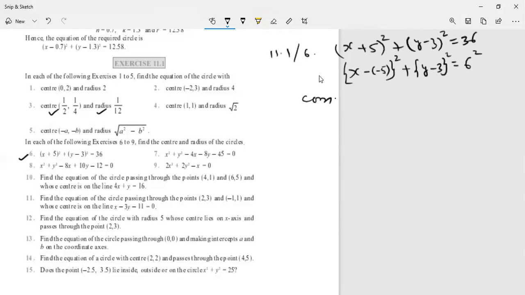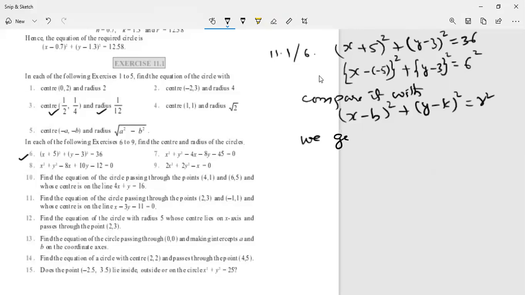And when you compare it with (x minus h) whole square plus (y minus k) whole square is equal to r square, we get h is equal to minus 5, k is equal to 3, and r is equal to 6.